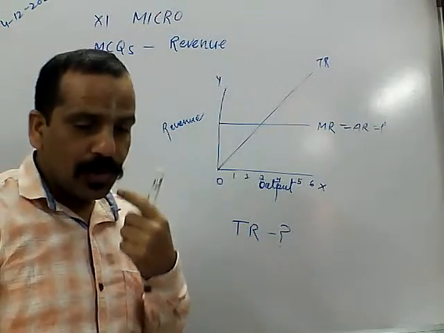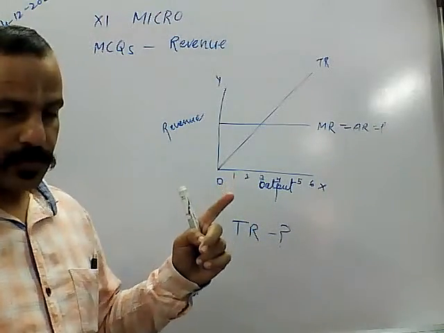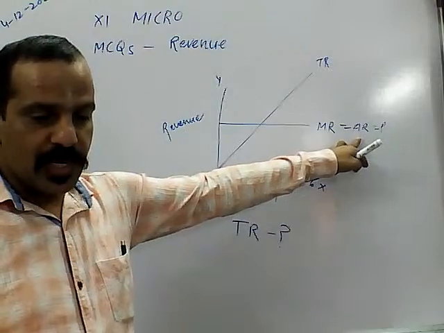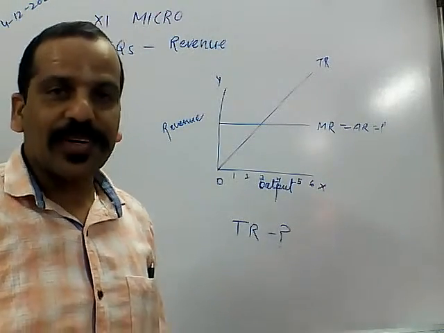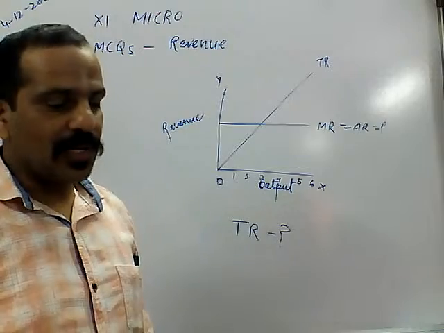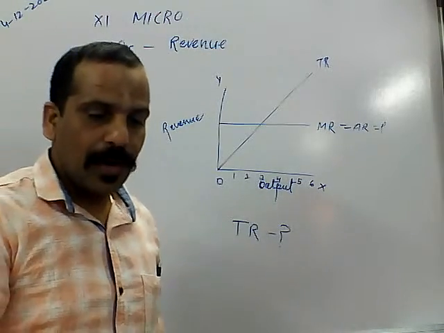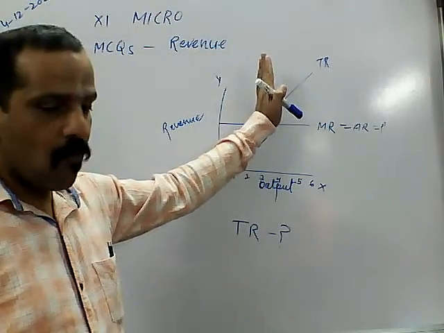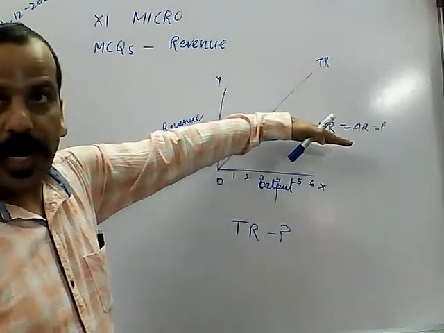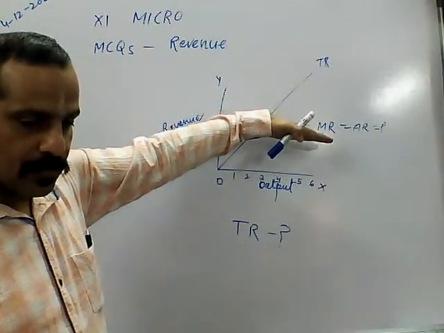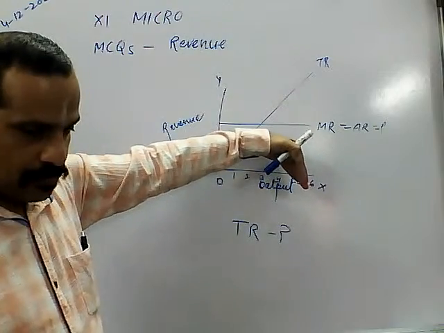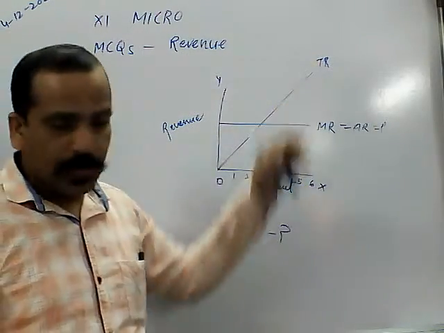Now they are asking what the average revenue curve is. When prices remain the same with the rise in output, the average revenue curve is a vertical straight line parallel to the OY axis, a horizontal straight line parallel to the OX axis, downward sloping, or positive sloping.